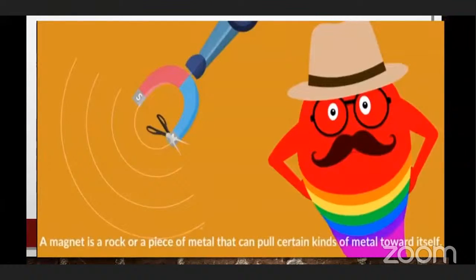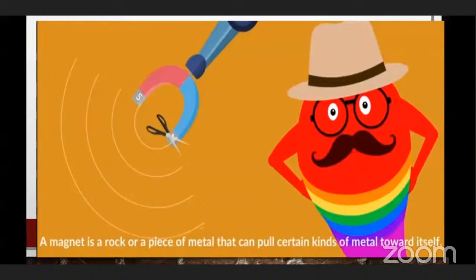A magnet is a rock or a piece of metal that can pull certain kinds of metal towards itself. A magnet does not attract all substances.